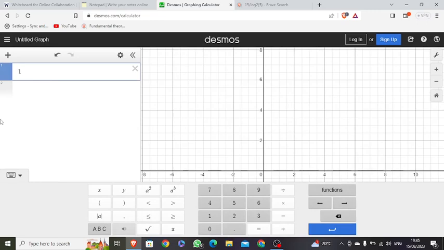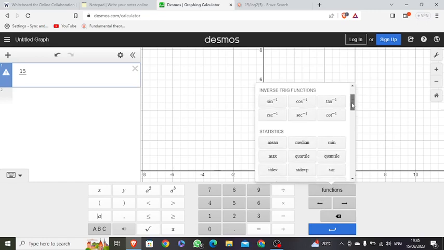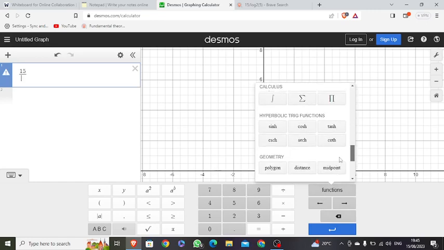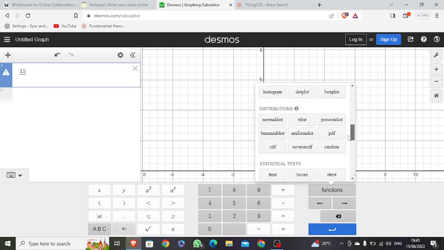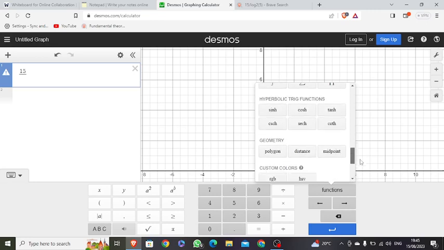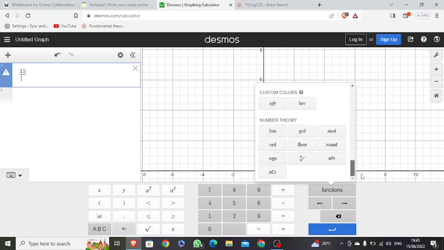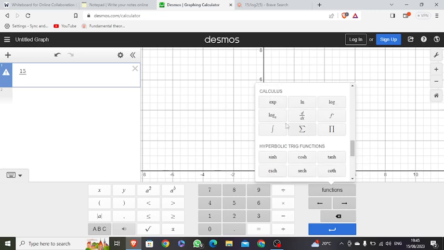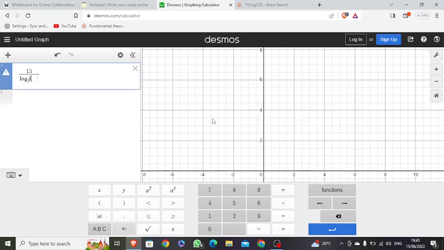So it'll be 15 over LG5. But since there's no LG in here, we're just going to have to find log with the base a, which will definitely be here. Okay, it's equal, and that's the half-life.